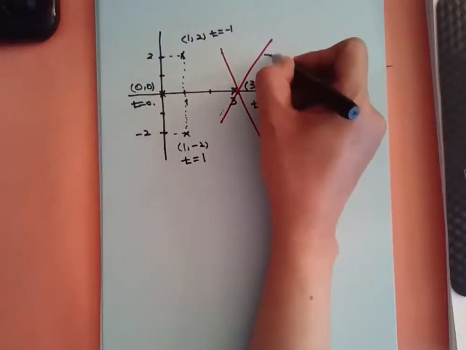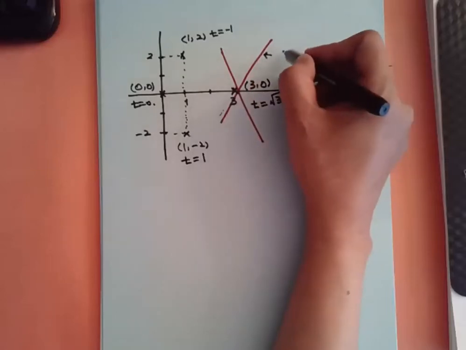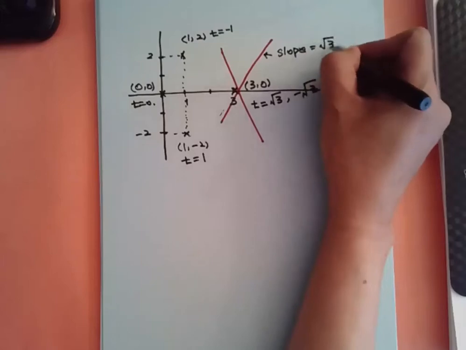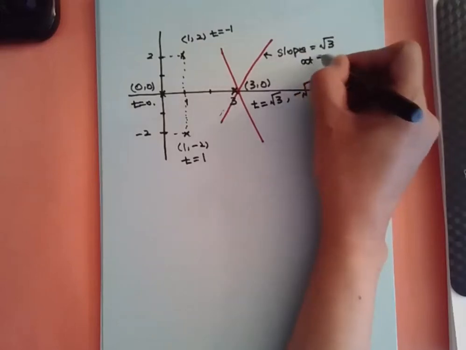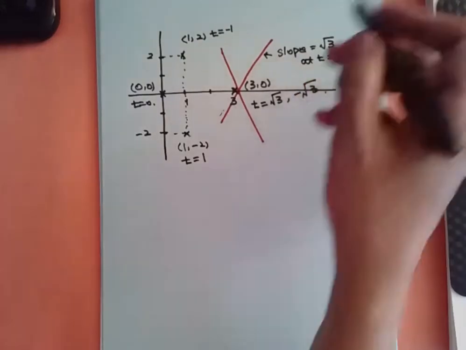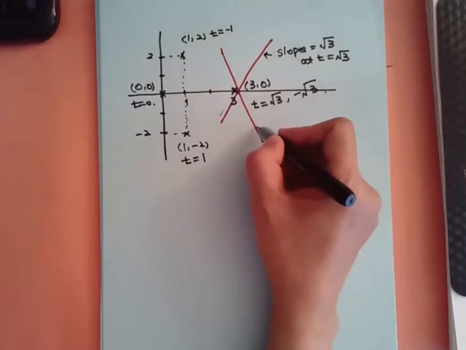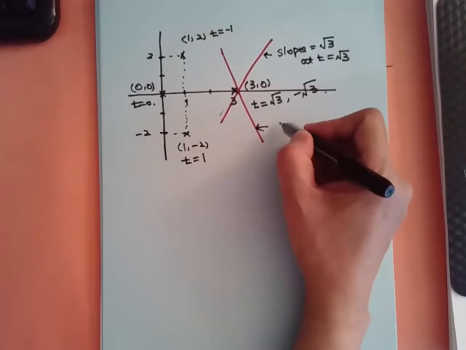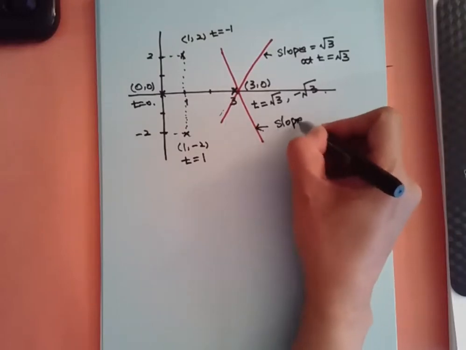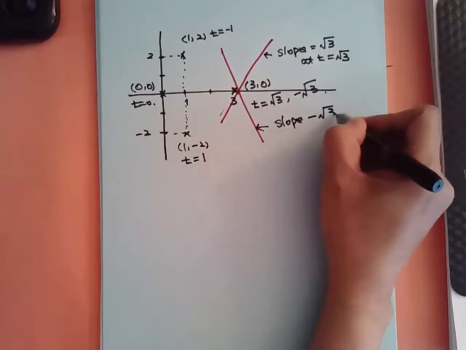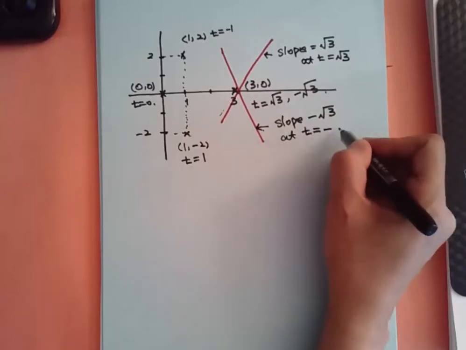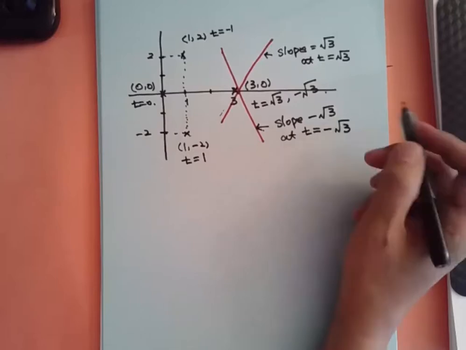For this one, the slope was square root of 3 at t equals square root of 3. And for this red line, the slope was minus square root of 3 at t equals minus square root of 3.